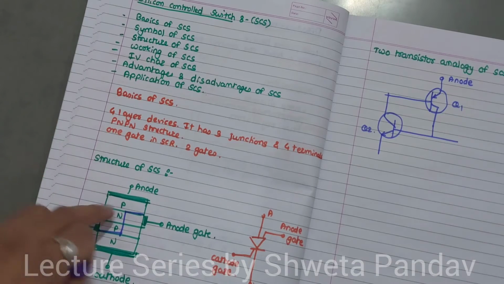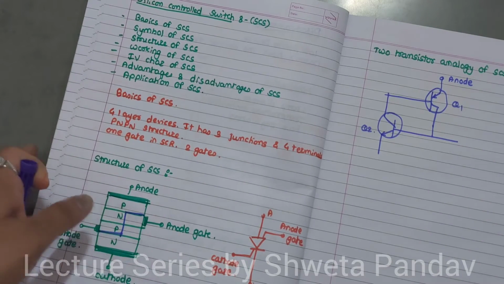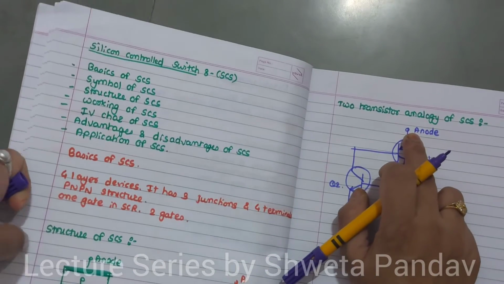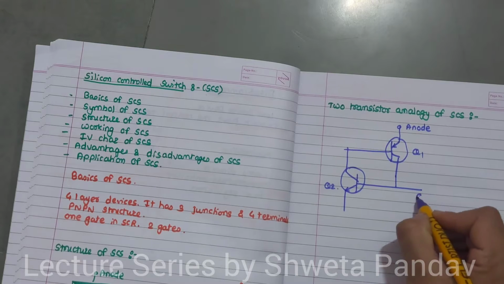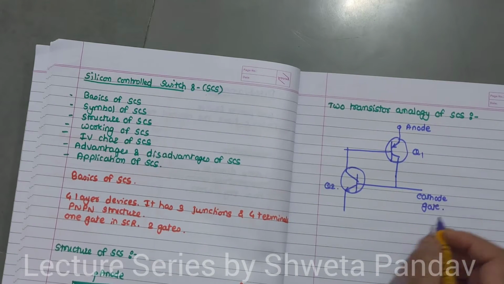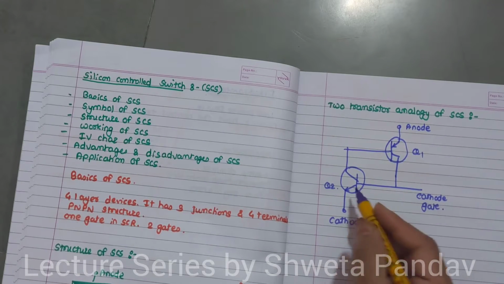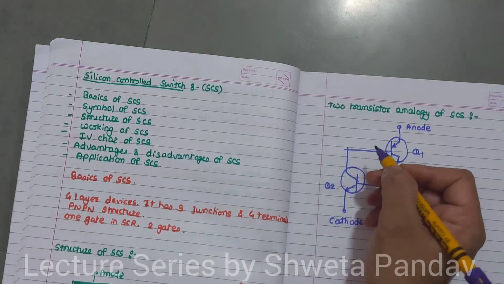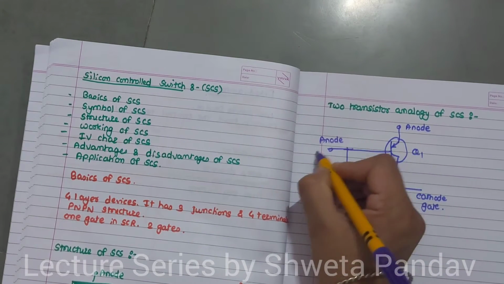From this figure, this P is connected to anode and this N is connected to anode gate. This P is connected to anode and this N is connected to cathode gate. Then we are having cathode at the NPN transistor, and here we are having the anode gate.